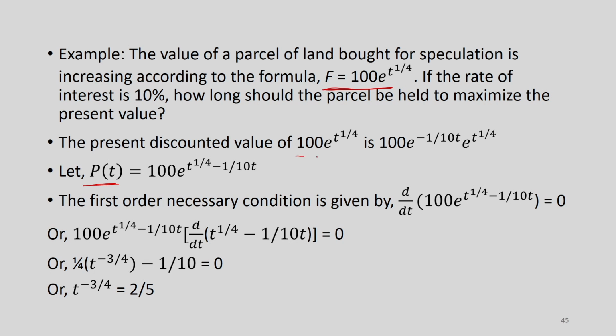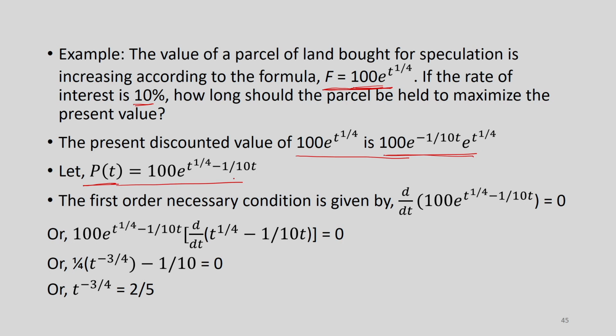So, this P of t then becomes equal to F multiplied by e to the power minus r t. Now, r is given to us, it is 10%, which means 0.1, and so the present discounted value becomes F multiplied by e to the power minus 0.1 t, and so this is written here.